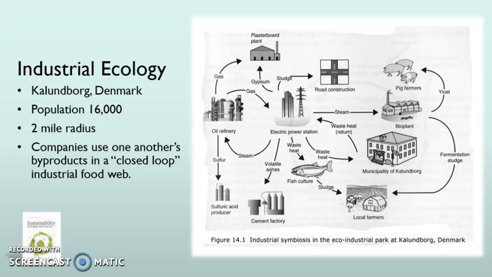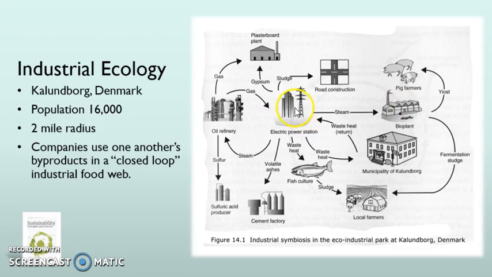So in Kalundborg, Denmark, hopefully I'm pronouncing that right, a town with a population of about 16,000 within a 2-mile radius. All these different companies and plants and things like that use one another's byproducts in a closed-loop industrial food web.